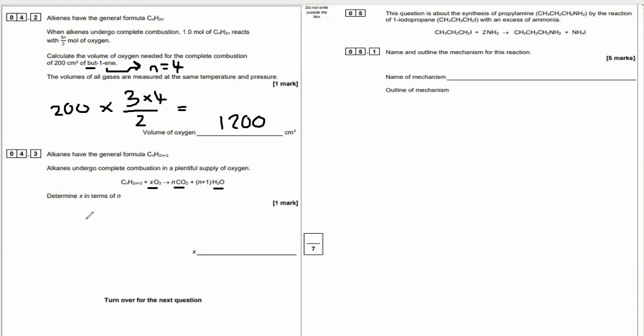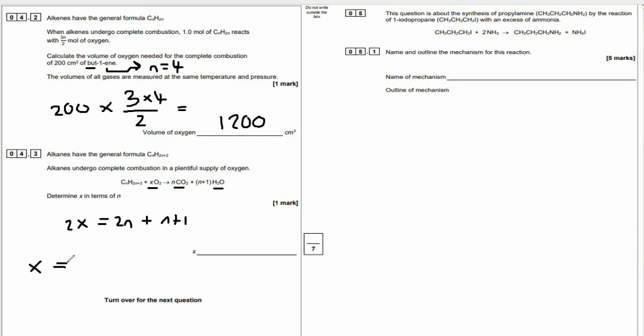How many oxygens are on the right over here? We have 2 oxygens, so we've got 2X equals, we've got 2 oxygens over here with this N, so equals 2N plus, we have N plus 1 oxygen over here, so N plus 1. I'm not writing the oxygens down, as we're just doing this as N and X.